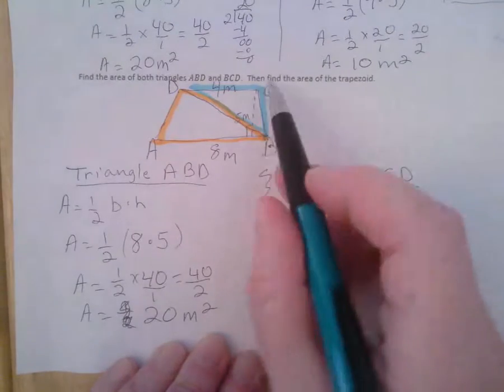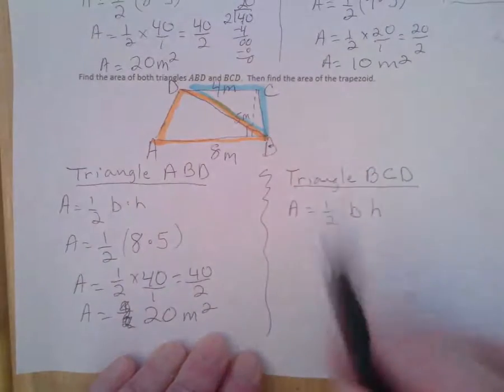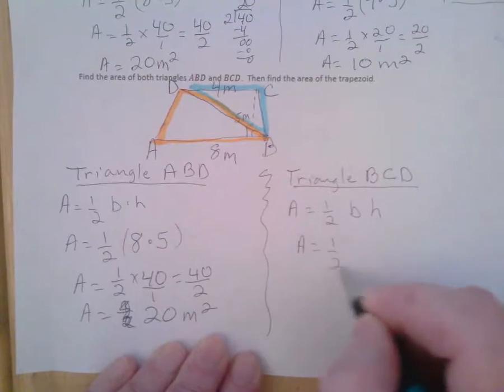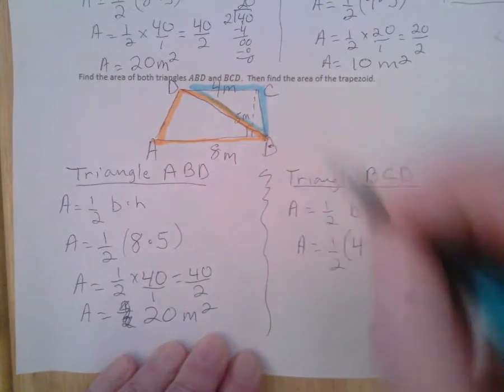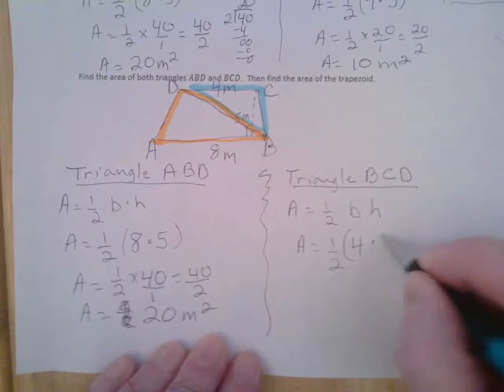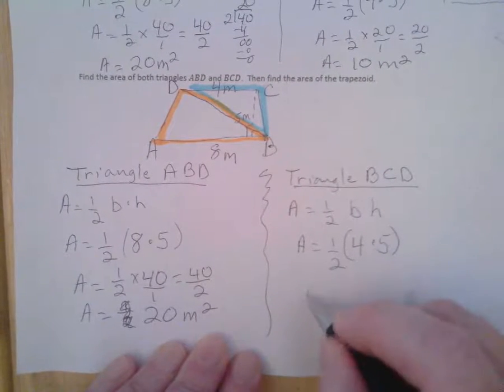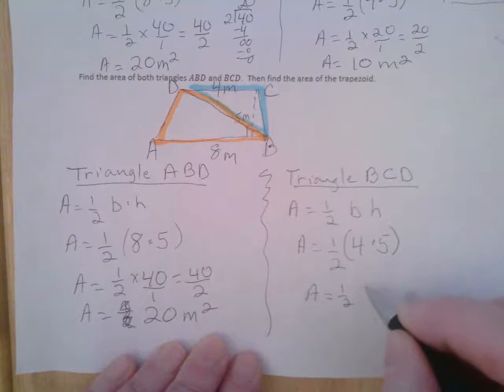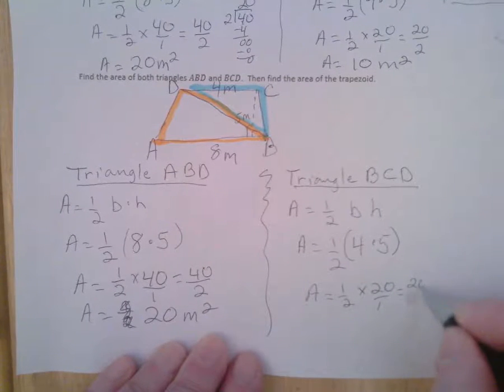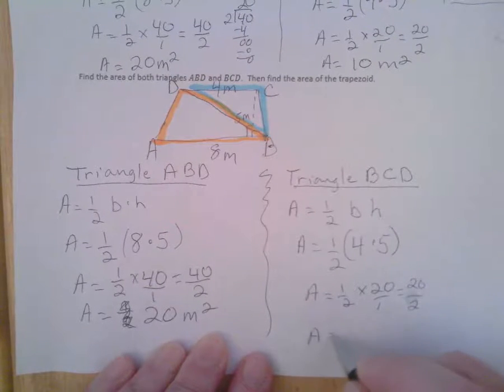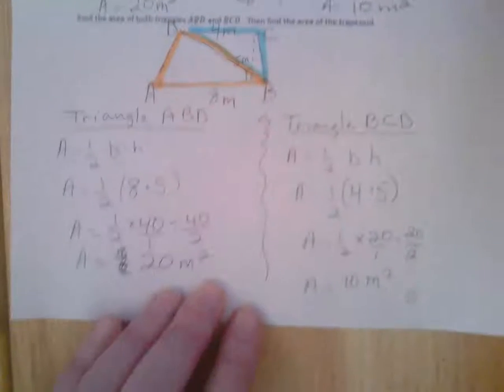So B, C, D. Our area is 1/2. The base here is 4. And my height is 5. So area is 1/2 times 20. 1 times 20 is 20 over 2. And 20 divided by 2 is 10 meters squared.